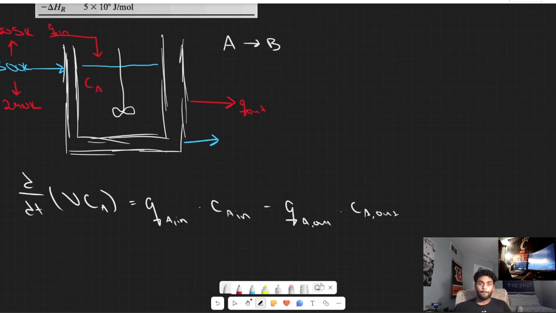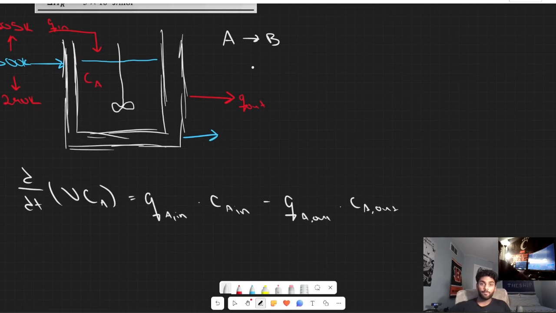Now, remember that I said that this was a first order reaction that we have over here. This is a first order exothermic reaction, and I mentioned that because that's something that'll help us with the energy balance when we do it later on. The rate for a first order reaction takes the general form of K times CA to the first power.